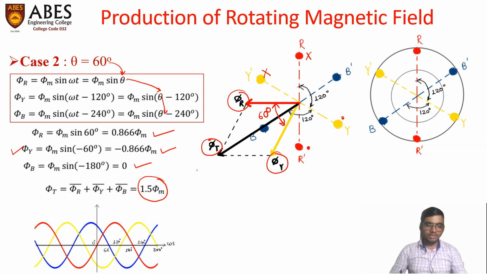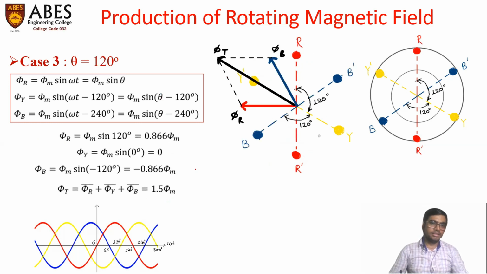Now we will consider our last case, that is at instant theta equal to 120 degrees. If we substitute theta equal to 120 degrees in all these three expressions, we will get phi r equal to 0.866 phi m, phi y will become 0, and phi b will be negative 0.866 phi m.